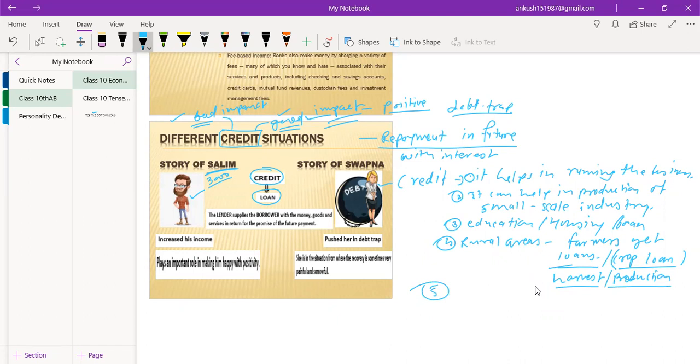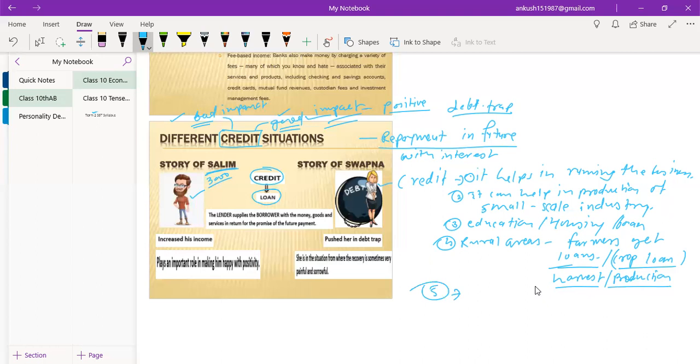Second thing, credit is supposed to increase income and raise the standard of living as well. How? There might be a question in your mind, how credit can make it possible to uplift the standard of living of the people.